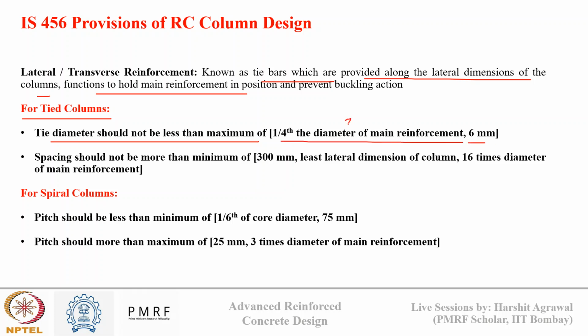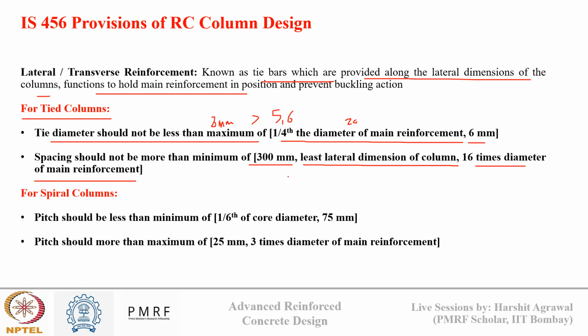Suppose the main bar diameter is 20 mm, so the tie bar diameter should be greater than 1/4 of 20, that is 5 mm, and 6 mm. So we can use 8 mm bar diameter here. And spacing should not be more than the minimum of 300 mm, the least lateral dimension of the column, and 16 times the diameter of main reinforcement.